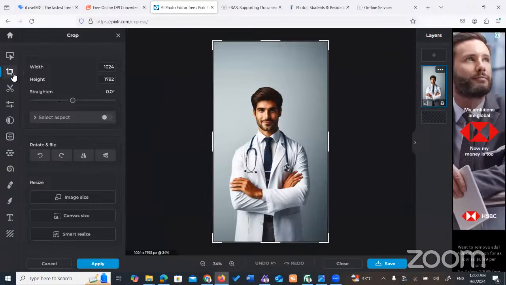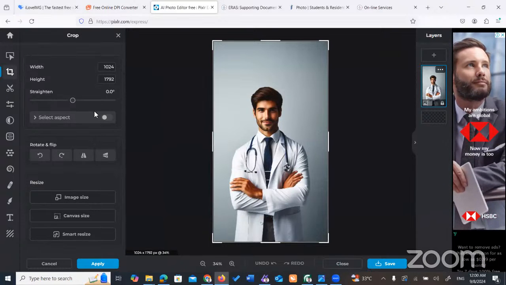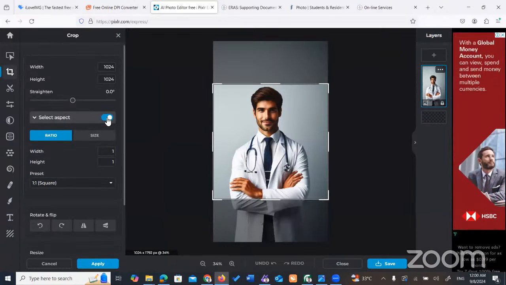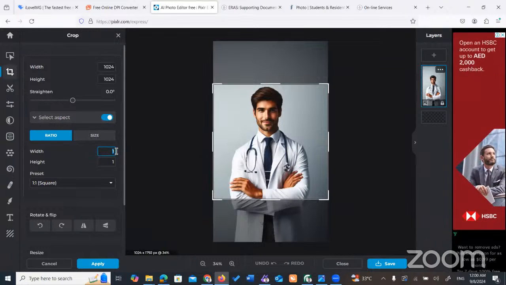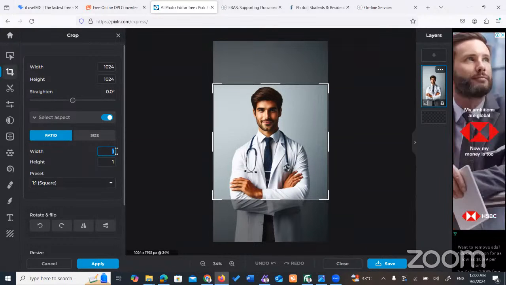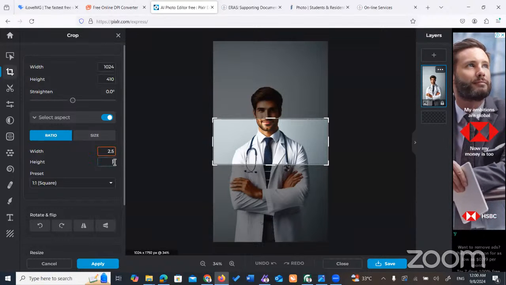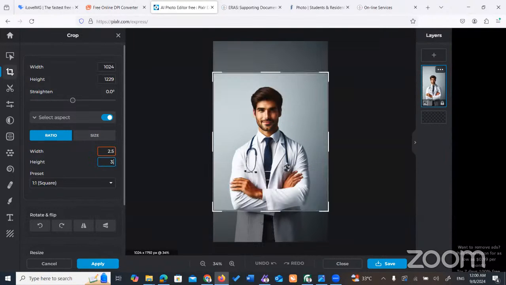So you go to the crop, and then you select aspect. You enable this, and then you edit the width and height as per the requirements. In the ERAS picture, they said it should be 2.5 times 3.5. So I have to write 2.5 times 3.5.